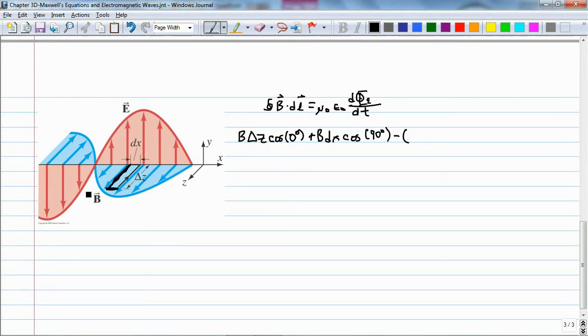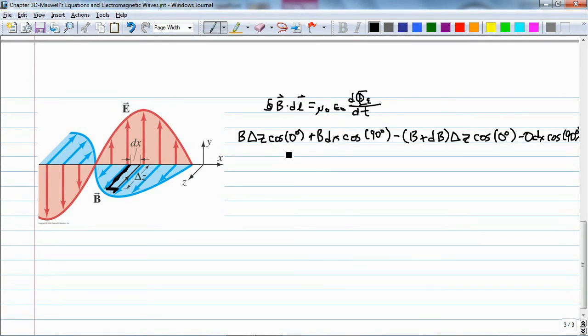minus, I'm going to have this little extra section there, B plus dB delta z cosine of 0 degrees minus 0 times dx cosine of 90 degrees.